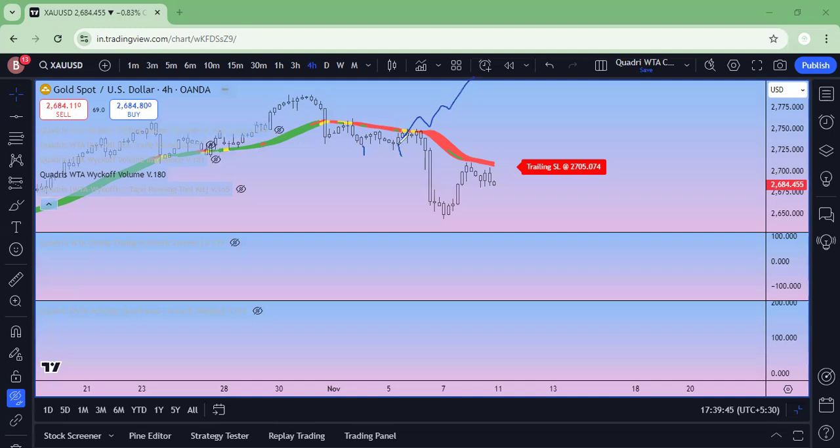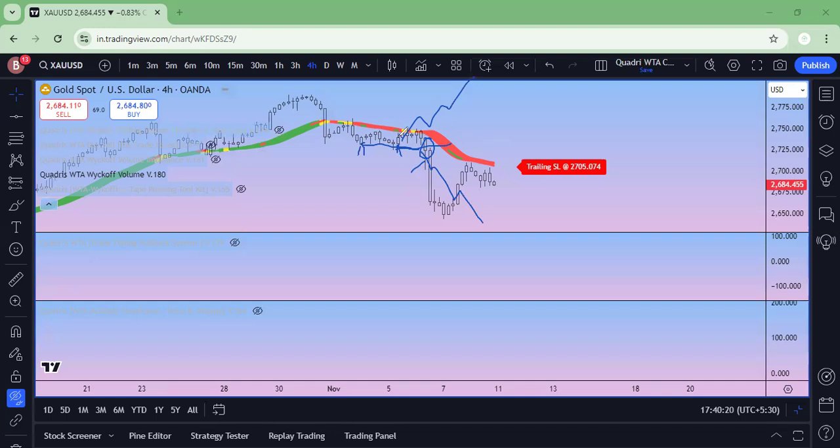If that is not happening, that means this was the area wherein there was hidden selling taking place. So if this is hidden selling, then this area would be manipulated by smart money. That's the reason we get this kind of candle. If you know how to read bars, then you would be in a better position to say what is happening over here. But this thing resolved in downward progress.